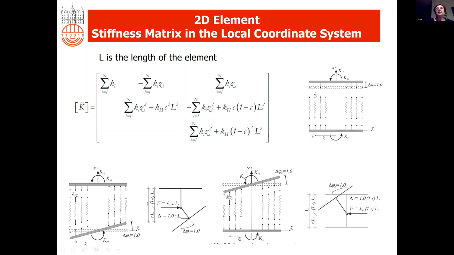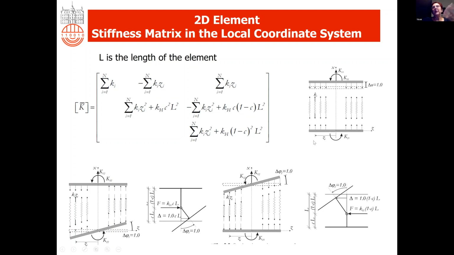And this element has 3 degrees of freedom in a local coordinate system: elongation in the direction of the element, and 2 rotations of the first and the second node. So the stiffness terms are the forces which are produced by the unit elongation and the unit rotations.